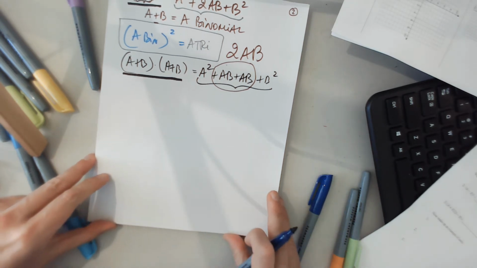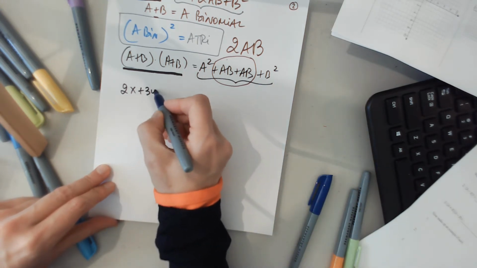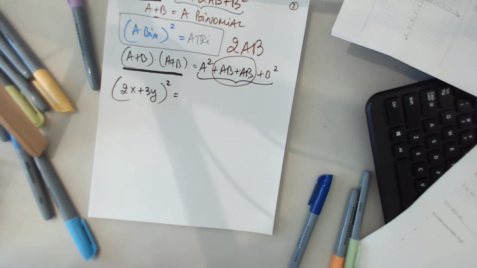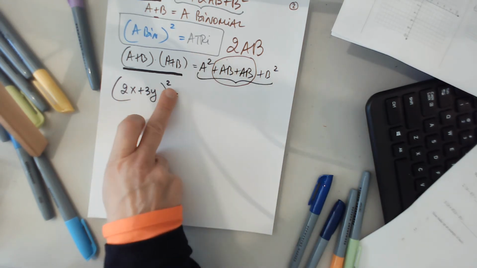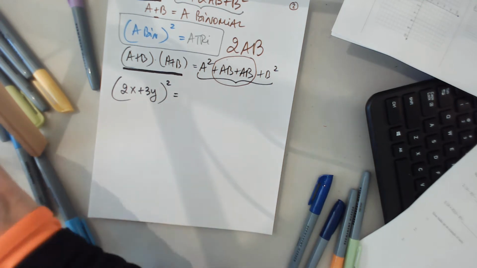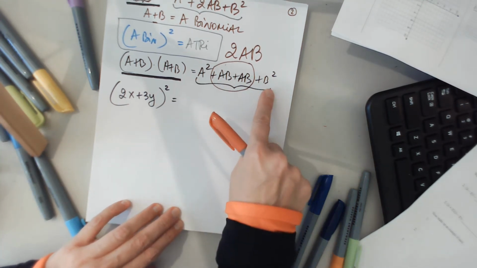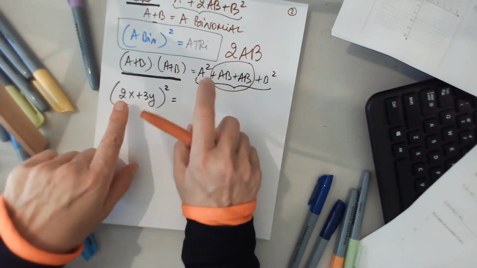So let's look at an example. Let's say 2x plus 3y, everything squared. First of all, how many terms do we expect to get? 3. Awesome! A trinomial, because this is a binomial squared. So it has to be a trinomial. Great job. So what does this represent? It tells me to square the first term. Okay, no problem.